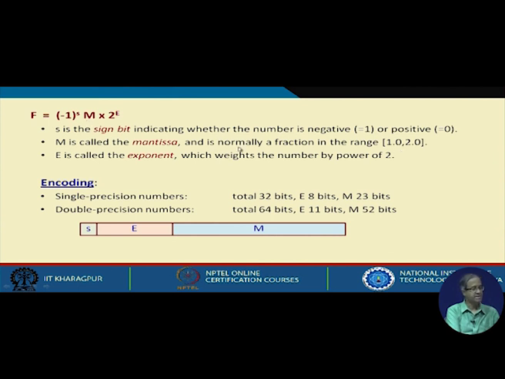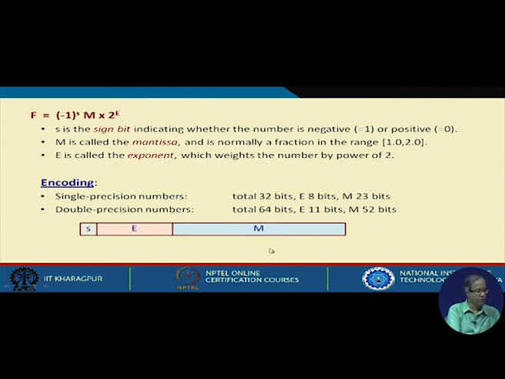This mantissa is usually a fraction which is in the range 1 to 2. The minimum value is 1, maximum value is 2. How, I shall come to that. And e, 2 to the power this number, this is called the exponent, which is weighted, as you can see, by a power of 2, 2 to the power e. And in the IEEE floating point format, you can have either single precision numbers or double precision numbers.